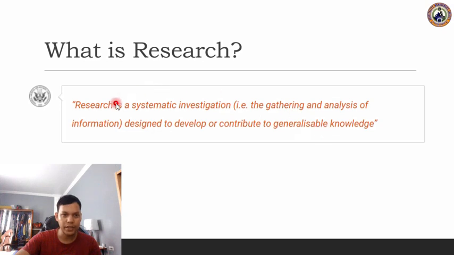So when you think about research, that is collecting information, and you have this investigation of the existing knowledge or existing situation, and you have this aim to enhance the current situation. For example, if it is related to the business.